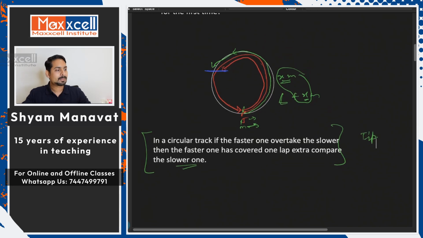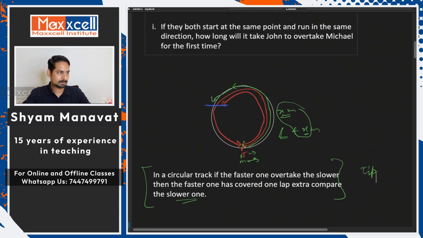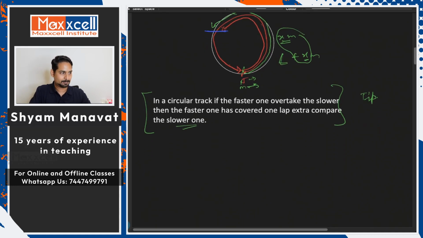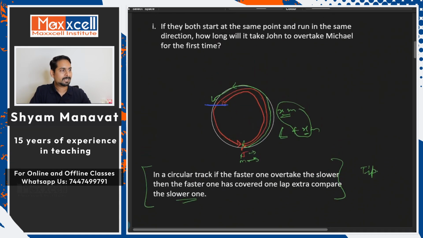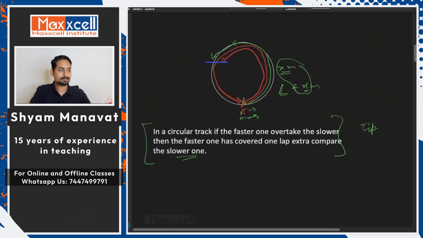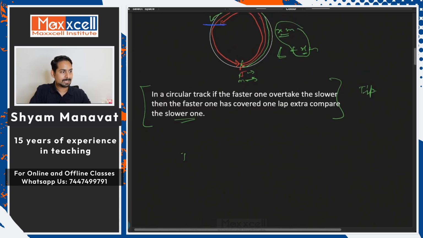Now how will I use this statement to solve the question? When they go in the same direction and the question says find the time, how long will it take, that means we need to find the time. The time taken will be equal to distance upon speed.